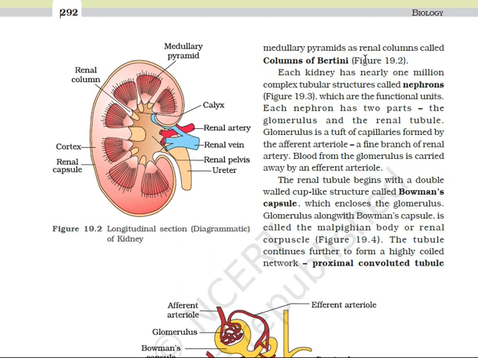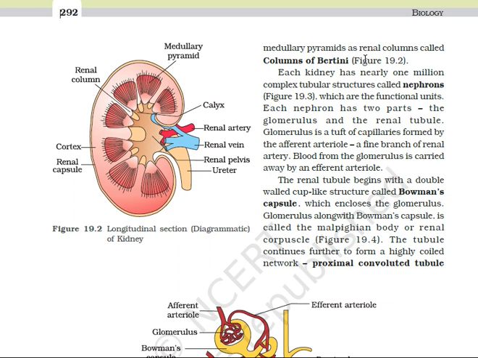The second difference is that ureters are not guarded by external sphincter muscles, whereas the urethra is guarded by an external sphincter muscle at its distal end. Distal means the end part. Ureters convey only urine, whereas the urethra conveys semen and urine.